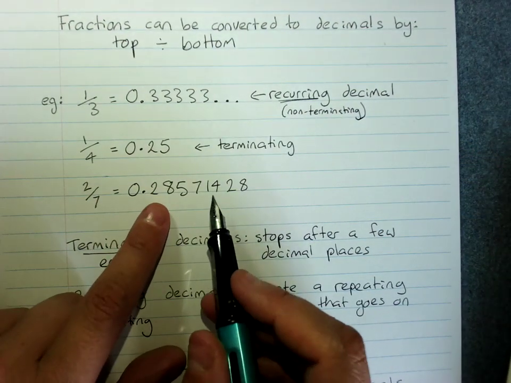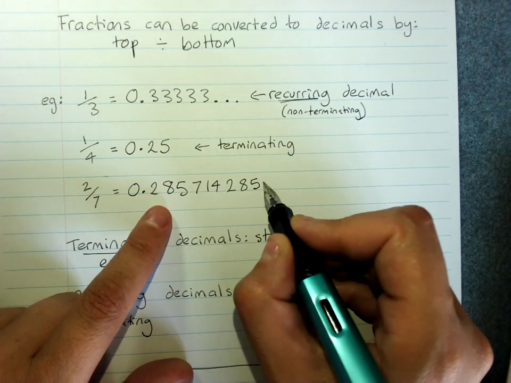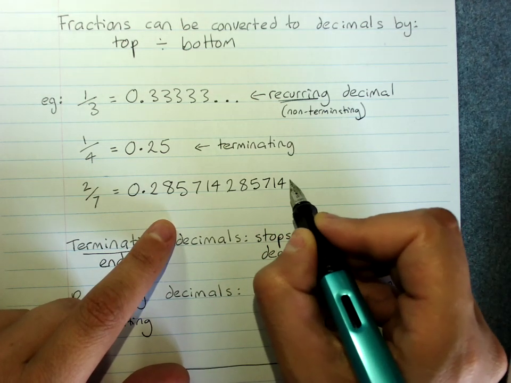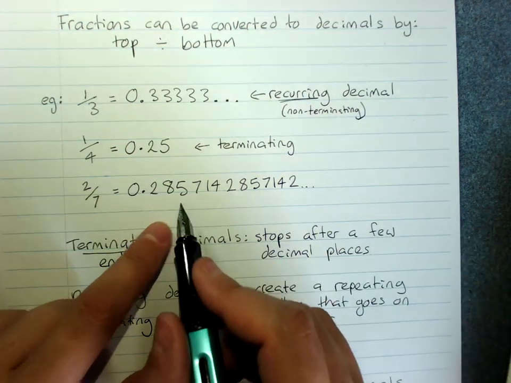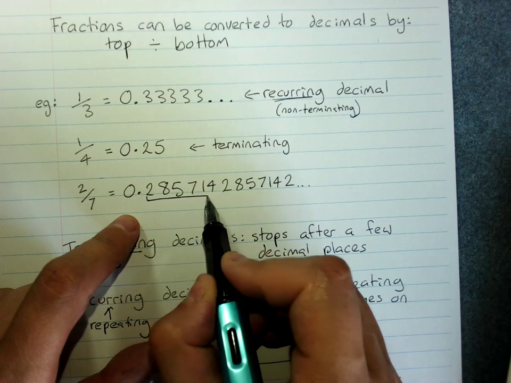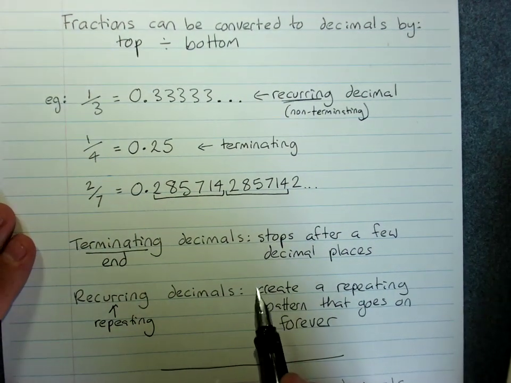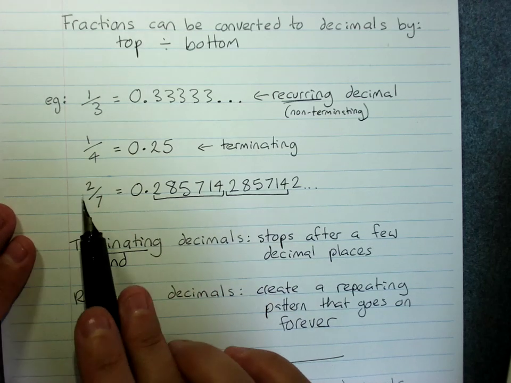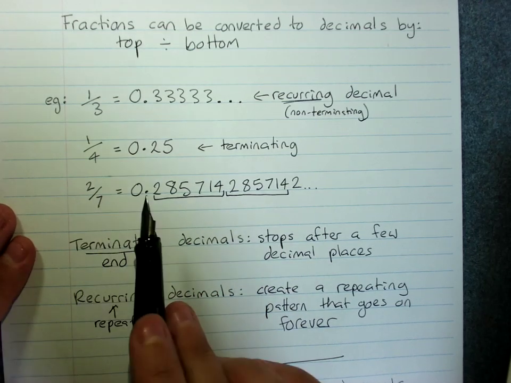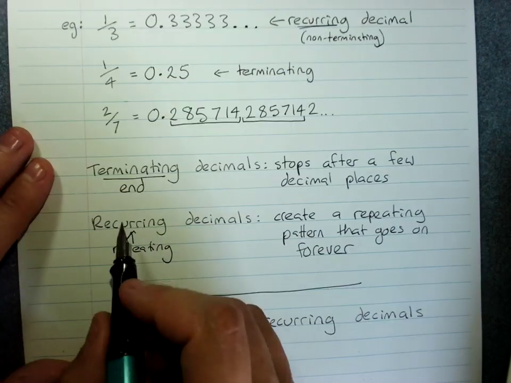Now this one looks very confusing, but actually if you kept dividing it with a bigger calculator, you'd see that it does this, and it starts a repeating pattern here. And a clue is, a fraction will always give you either a terminating or a recurring decimal.